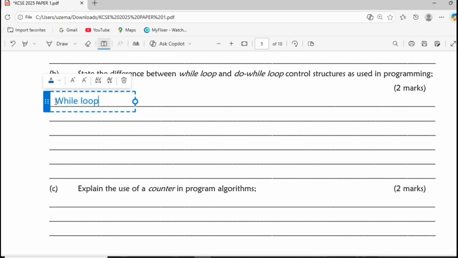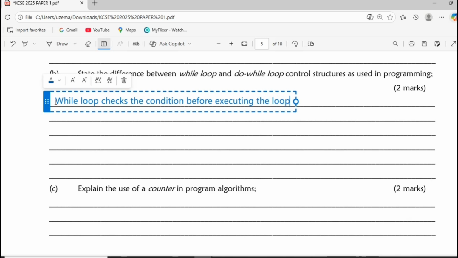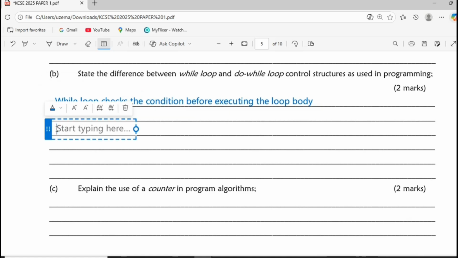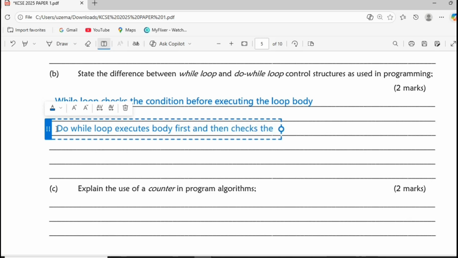Part B of question number 16, state the difference between the while loop and do while loop control structures as used in programming. We are saying that the while loop first checks the condition before executing the program statements or the body of the program. On the other hand, the do first executes the statements or the body before it checks the condition.